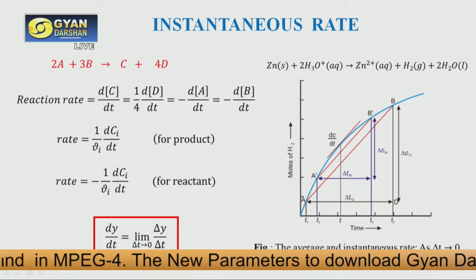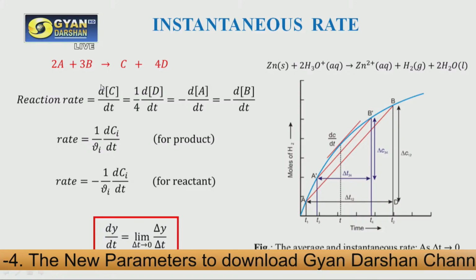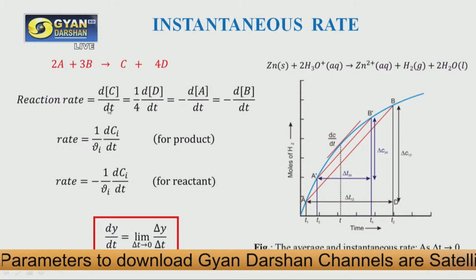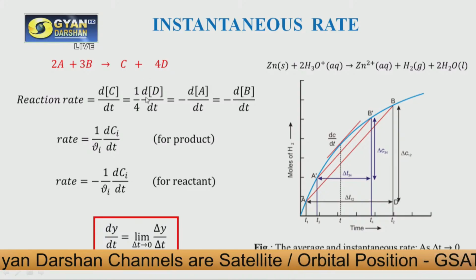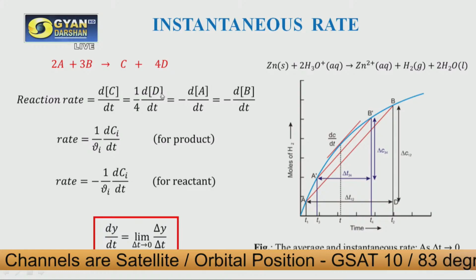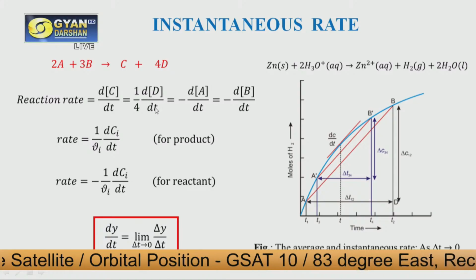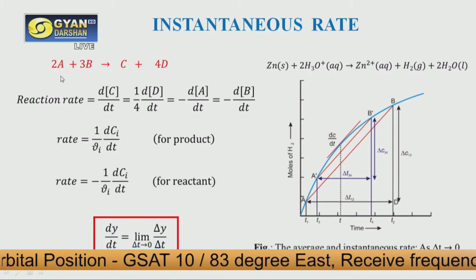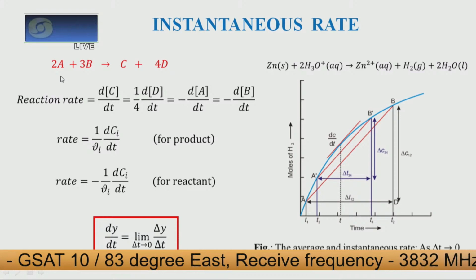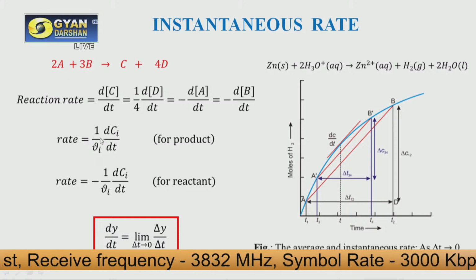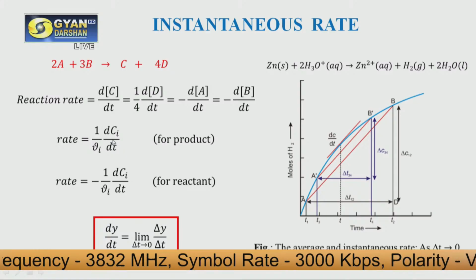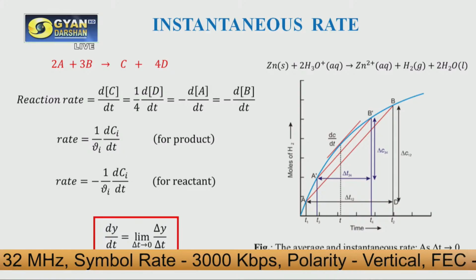Simply d means a very instant time, so d of concentration of C divided by the time, and simply 1 by 4 d of concentration difference divided by the time. And with respect to the reactant, we will put a negative sign. Then the general formula is 1 by mu i d of Ci, the concentration difference, divided by the time.